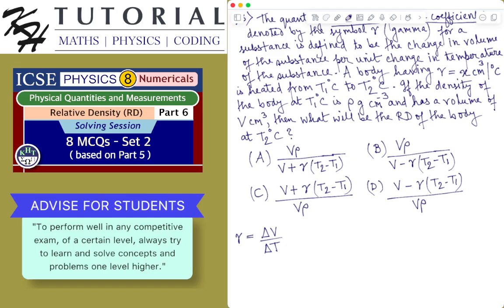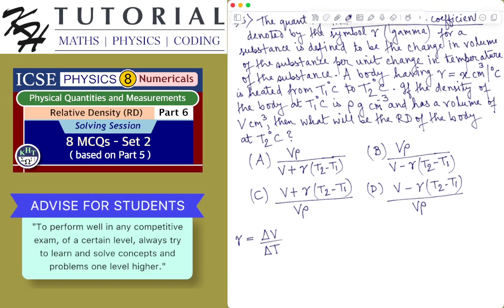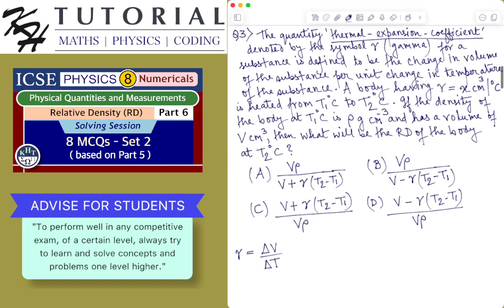That is, when the change in temperature is delta T, the change in volume is delta V. So the ratio delta V by delta T is gamma, which is known as the thermal expansion coefficient. This is usually constant for a given substance.